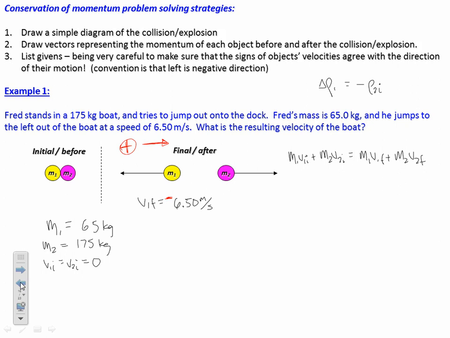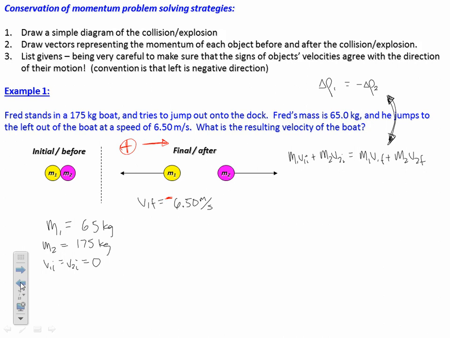You'll end up with the same answer, because we got our statement of conservation of momentum from the fact that impulses, delta P1 and delta P2, are equal and opposite.